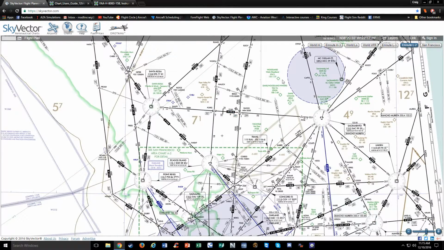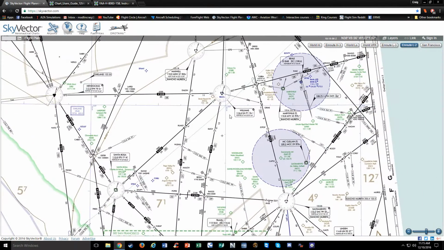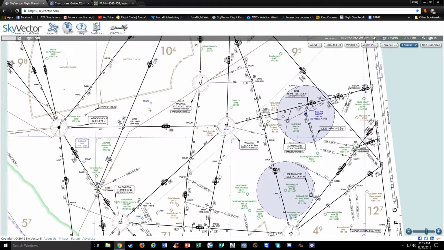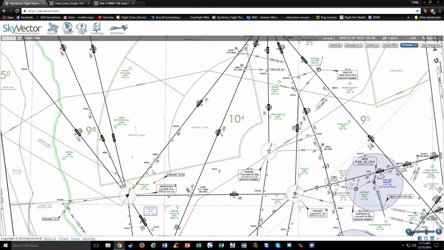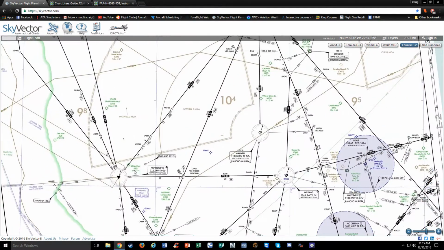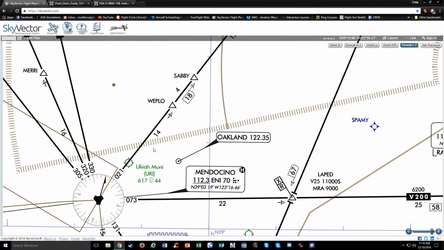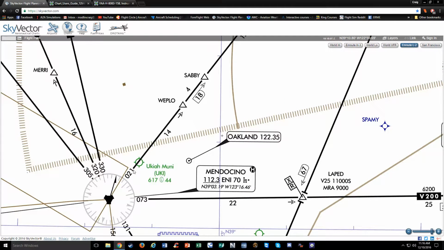Alright, so now some of the other markings you'll see, you want to know distance information. So let's say again we're going from Mendocino VORTAC to Red Bluff VORTAC. As we're traveling this way, on the 021 radial, we have this number 14 and arrow to Weplow intersection. So this is saying that from Mendocino VORTAC to Weplow is 14 miles.